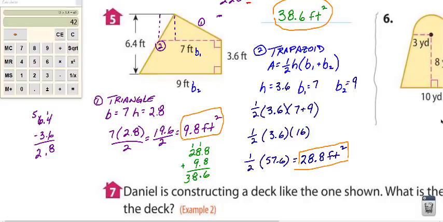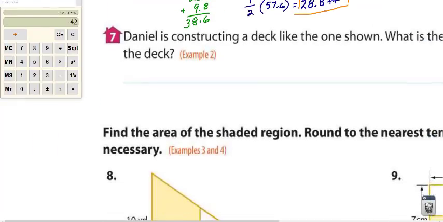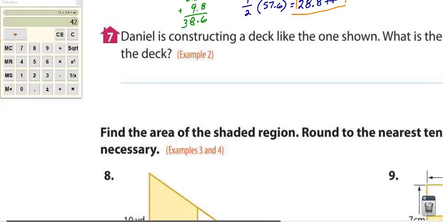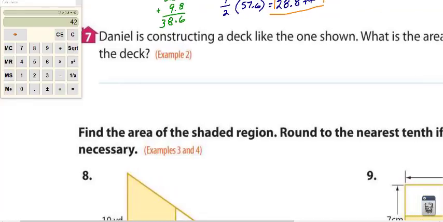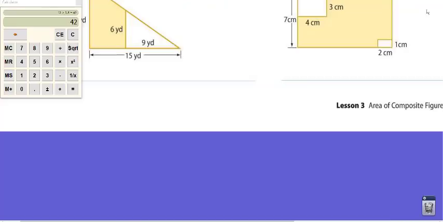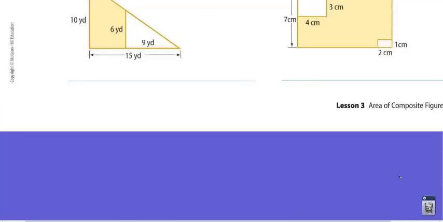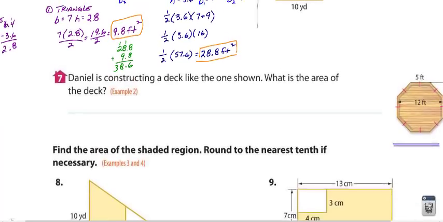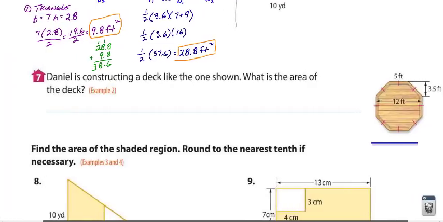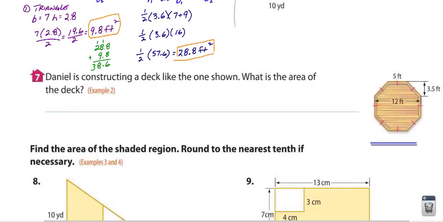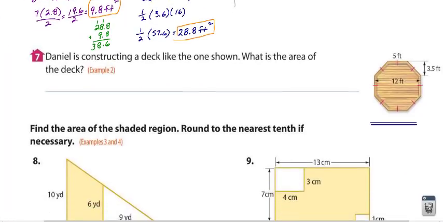All right, let's move on to problem number 7. So on problem 7, I'm going to have to change the zoom on this a little bit. Let's see if that gives us all of problem 7. There we go. Problem number 7. So we are given this deck that Daniel is constructing, and we need to go ahead and figure out its area.